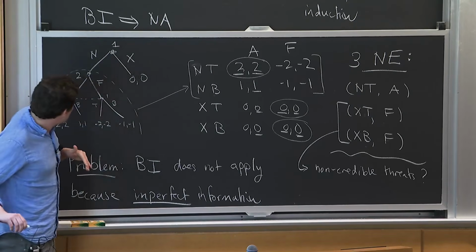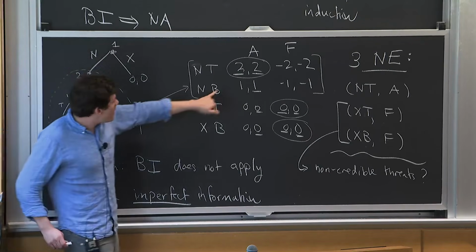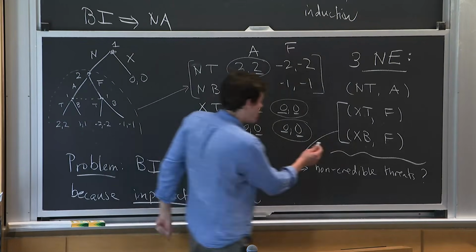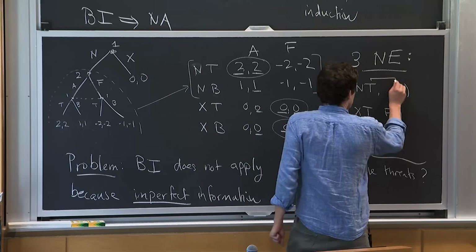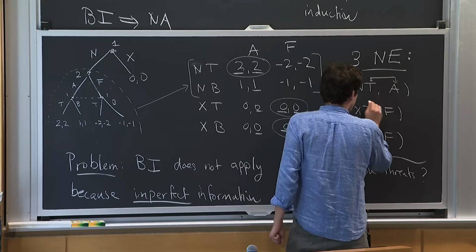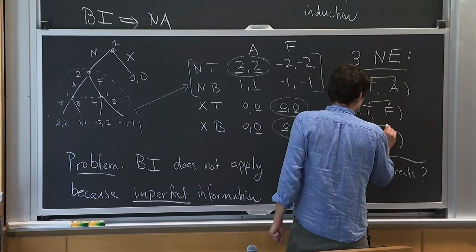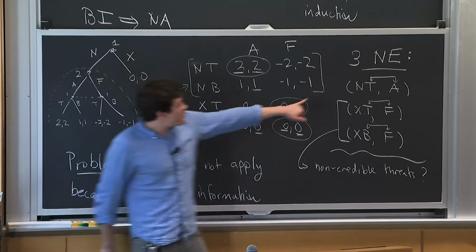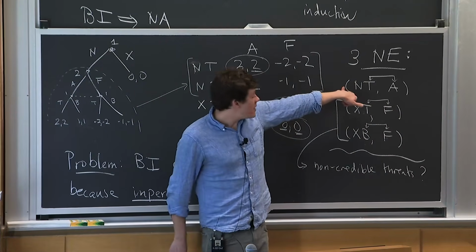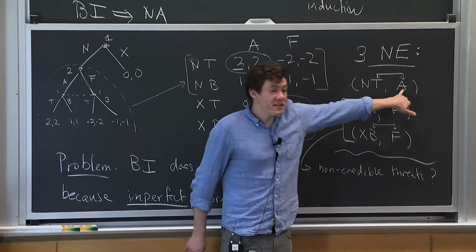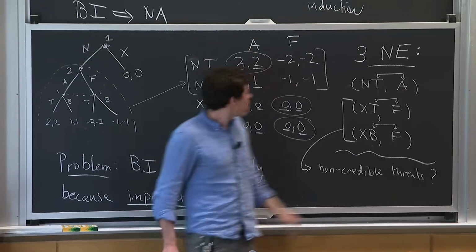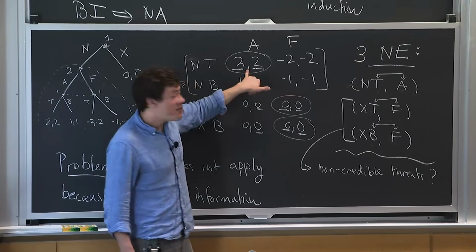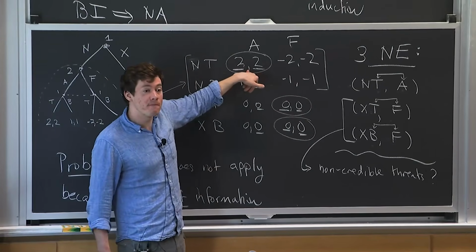In this equilibrium that we found compelling, in the subgame, player 1 plays T and player 2 plays A. And we can see that in this subgame, if we look at it as a single game, this will actually be a Nash equilibrium of the subgame.